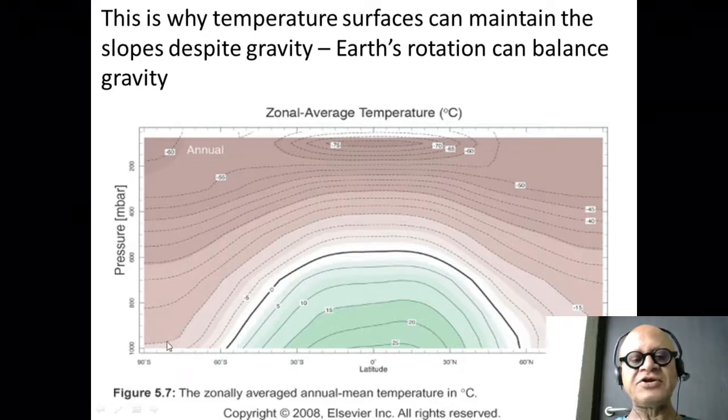So if this air is heavier, remember density decreases as you go up in altitude, but here you are at the surface, so the pressure is higher as well. So temperature and pressure together make for heavier air here, but here you have colder air, but pressure is lower, so you have lighter air on top.